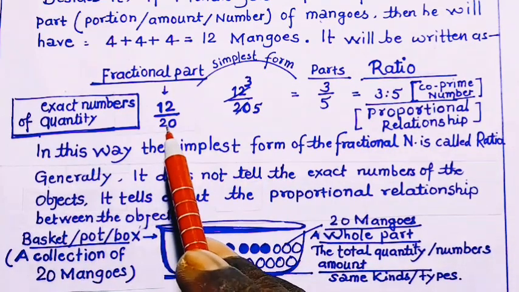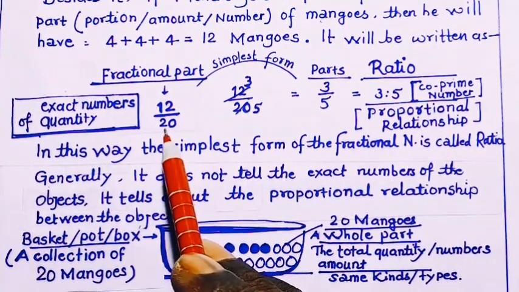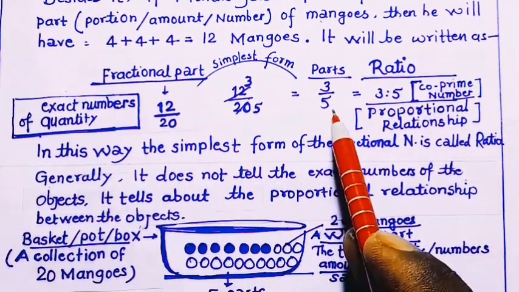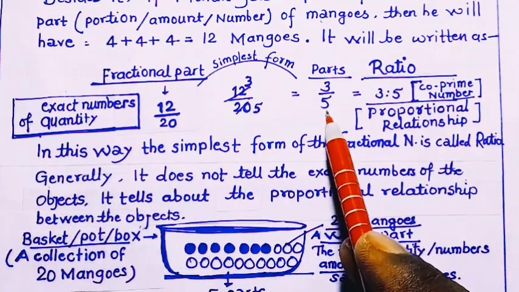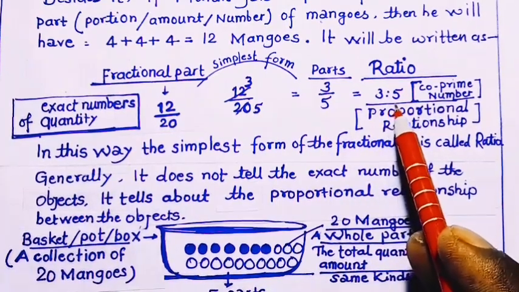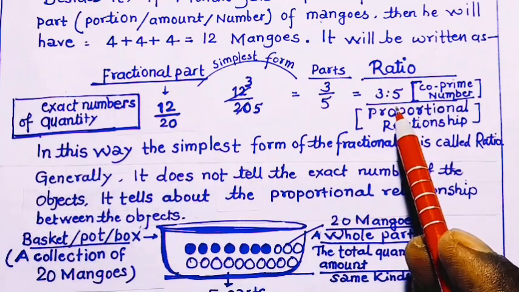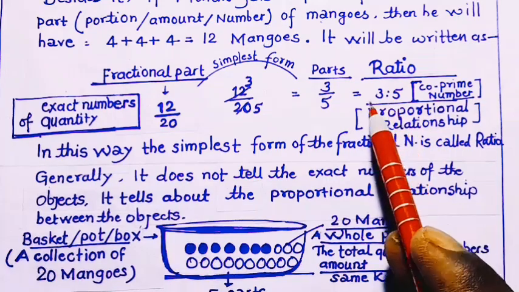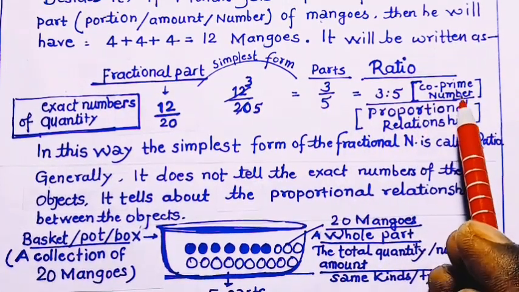This is the fractional part of the whole amount, but this is the simplest form of this number. When expressed as a ratio, it will be read 3 to 5. And now this 3 to 5 is co-prime.